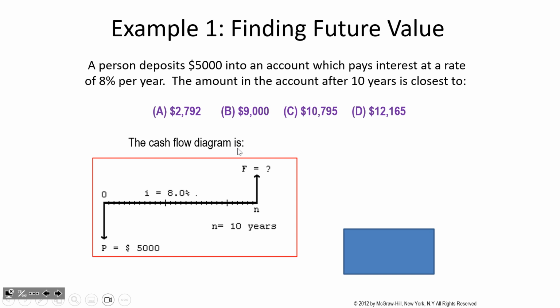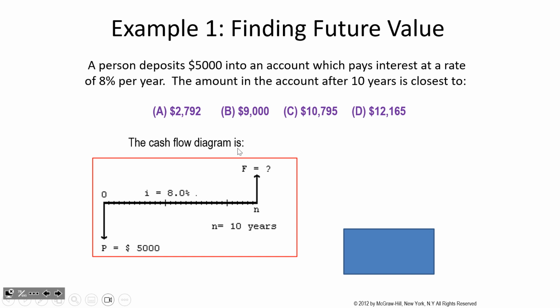So if we were using the 8% table, and you've got the 8% table, I just handed it out. So n equals 10. This is find F given P. So that's the F/P column in the middle.